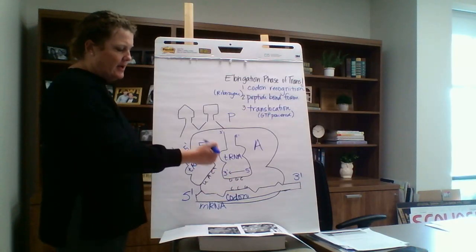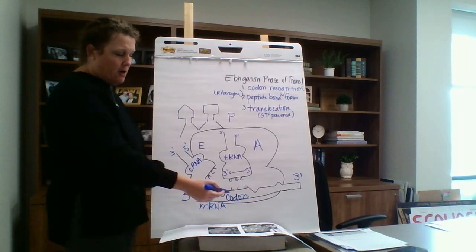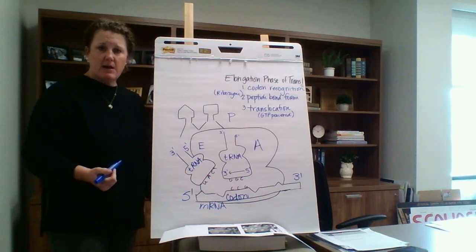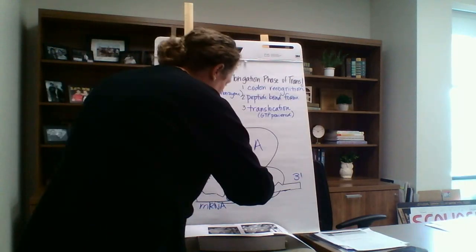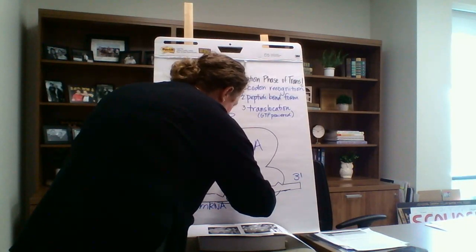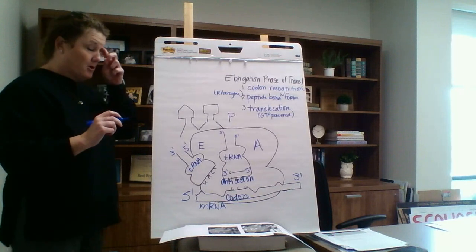Remember that the tRNAs are bringing in those amino acids. The codons are on the mRNA molecule, and the anticodon is on the tRNA molecule. And so you have a box where you can fill in the word anticodon.